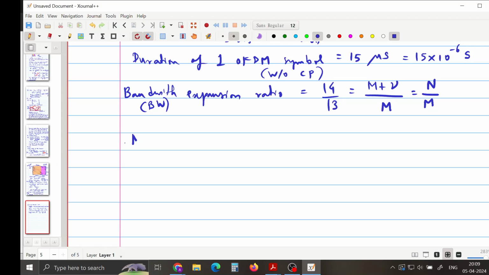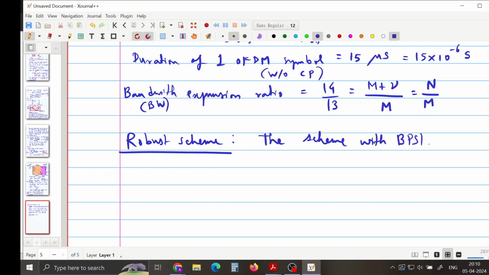For the robust scheme, okay, which modulation scheme we decided? BPSK, best BER performance. The scheme with BPSK modulation and lowest code rate.